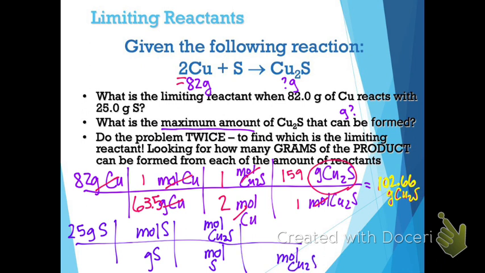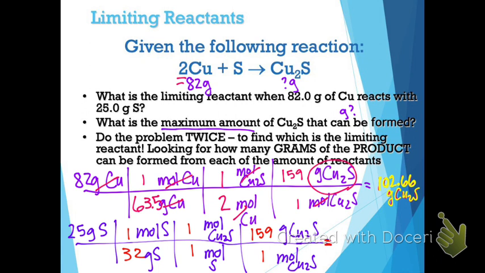And moles of copper sulfide to grams of copper sulfide, right? We already calculated molar mass, so that's going to be easy for us. We're comparing our amount of product, so we want to make sure we take it to the same product both times, right? Here we only have one product, so that's all we can do. But that's going to come into play later.